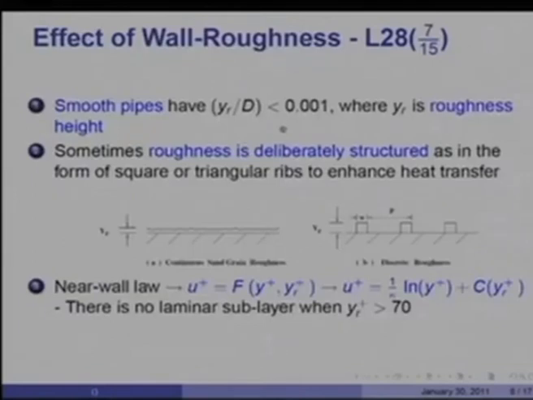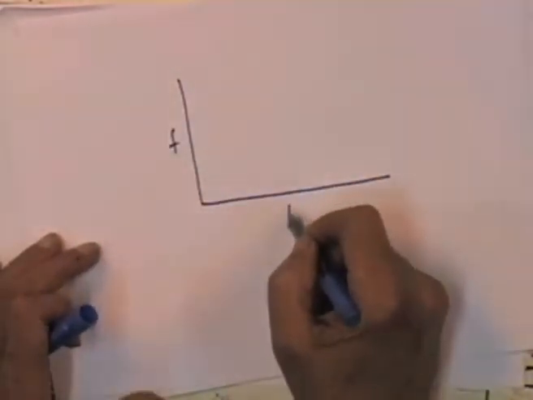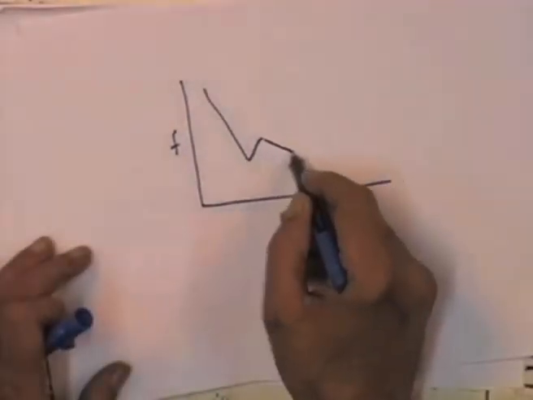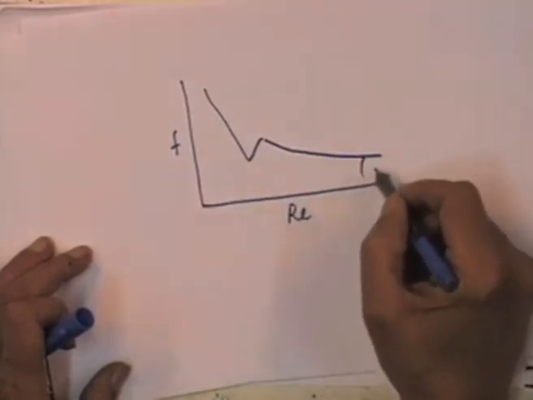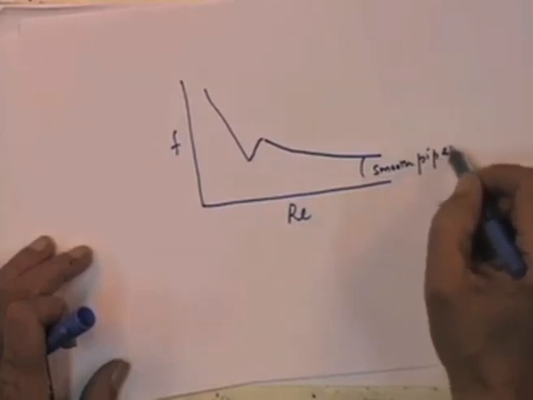So, now we turn to how to account for the effect of wall roughness. As you will recall even from your undergraduate days, when the roughness height divided by the diameter is 0.001, then we say that the tube is smooth, and you will get this kind of profile for a smooth pipe in the turbulent region.